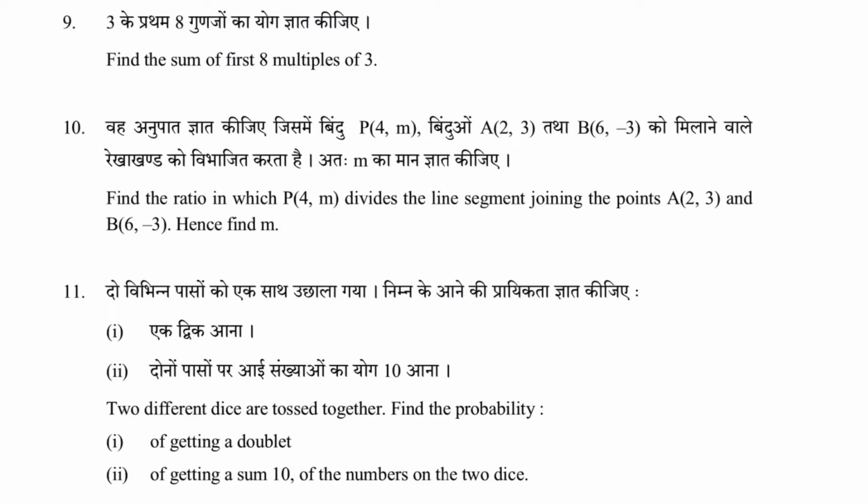10th question. In this we have to find the ratio in which P, whose coordinates are 4, m, divides the line segment joining the points A, whose coordinates are 2 and 3, and B, whose coordinates are 6 and minus 3, and we have to find m.